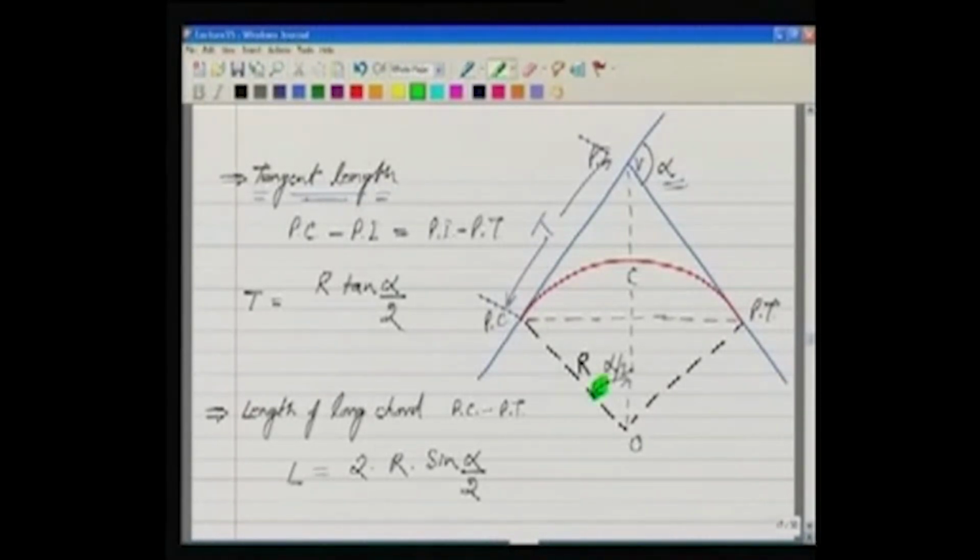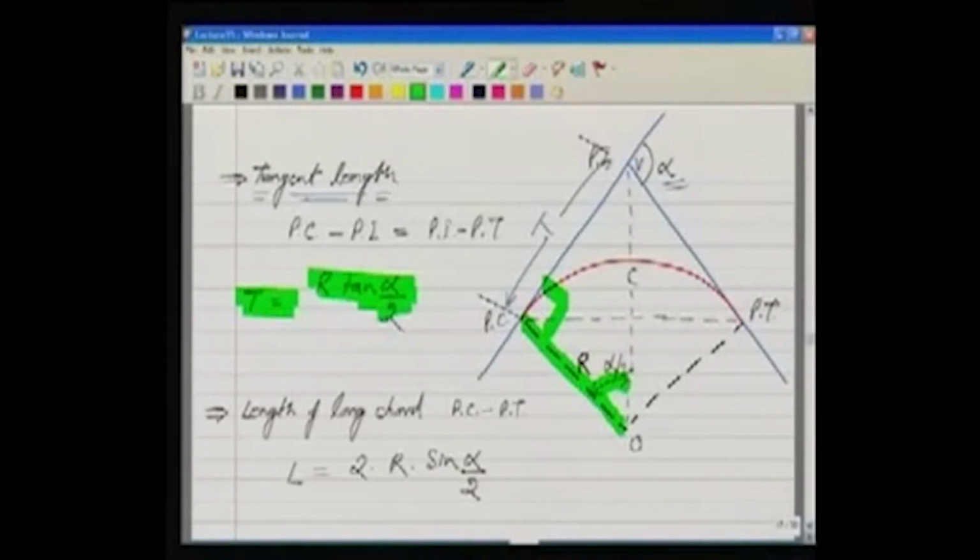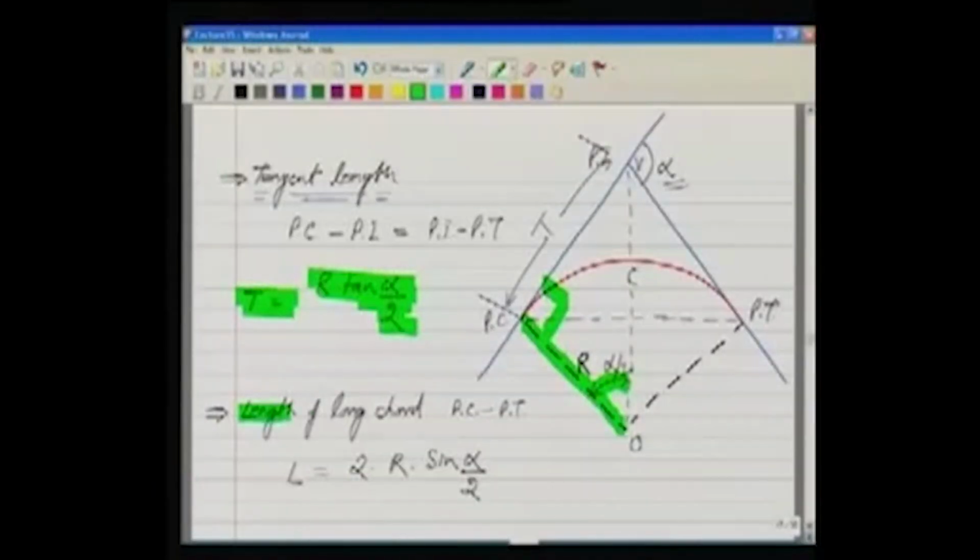Over here the angle is alpha by 2, and this is r, the radius of the curve, and this angle is 90 degree because it is tangent here. So you can compute that this tangent length is r tan alpha by 2. The other element of the curve is length of long chord.